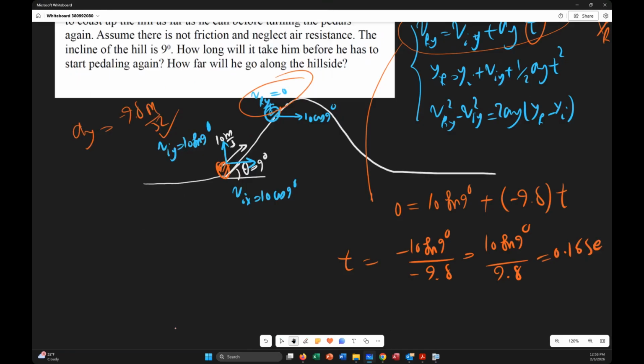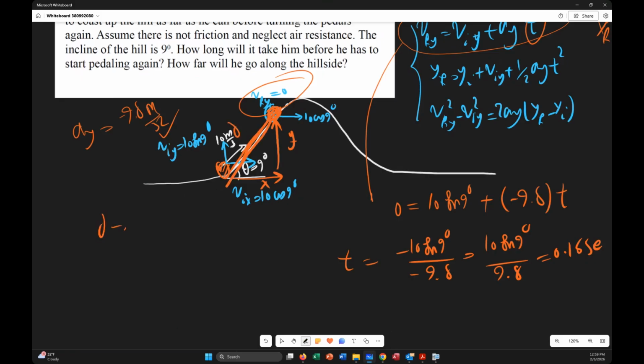Okay. So how far will it go? So how high does it go? So we need to find the x component, and we need to find the y component. If we have x and y, we can use the Pythagorean formula and find the distance, how far it goes.